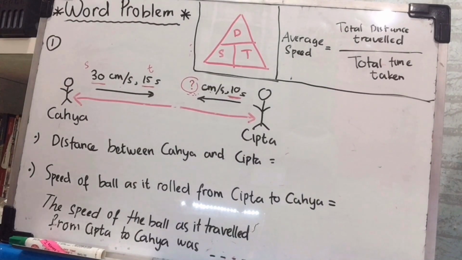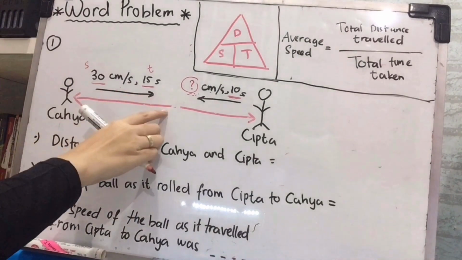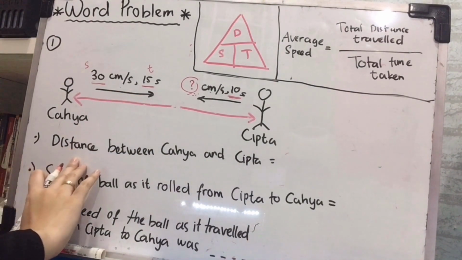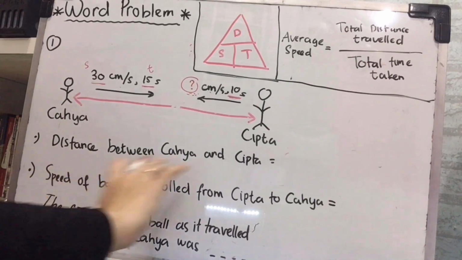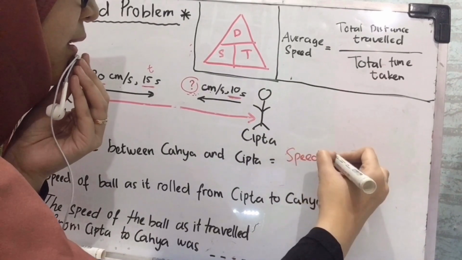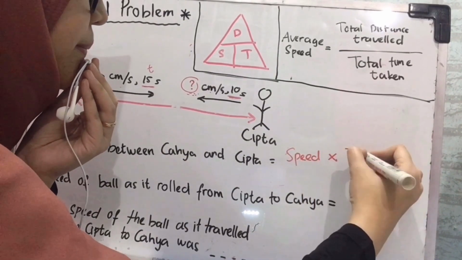Okay, first we have to find the distance between Cahya and Cipta. As we know, the way to find the distance is speed times time.